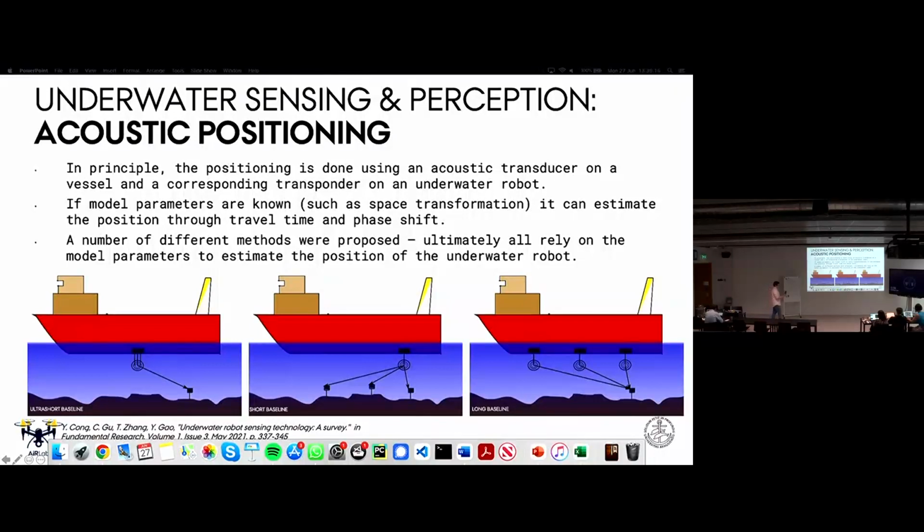Unfortunately, the problem is finding out the space transformations, and it can be quite a laborious way. So this is more of a model-based approach, and a number of different methods were proposed, and ultimately all rely on the model parameters to estimate the position of an underwater robot.